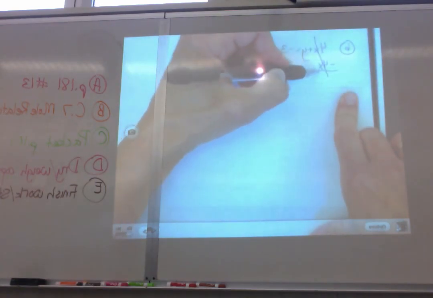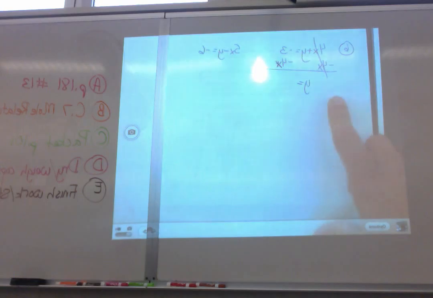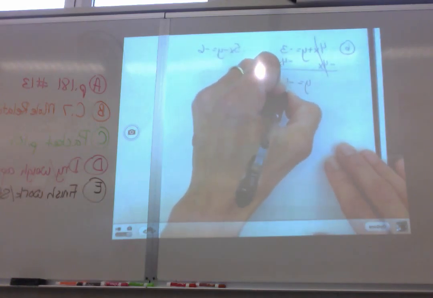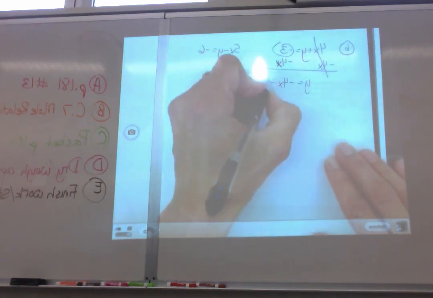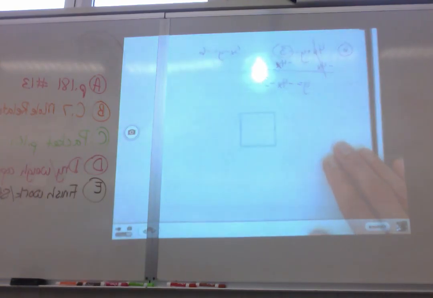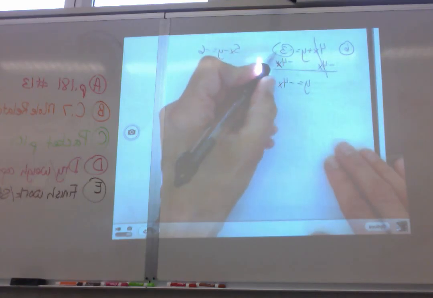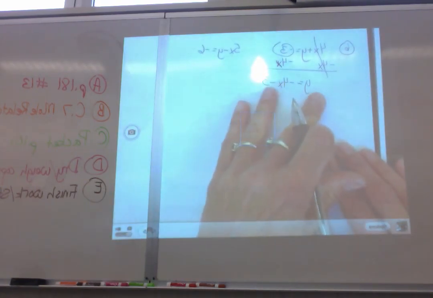Positive 4x minus 4x cancels, y is by itself. On this side, we usually write the x term first, that's the minus 4x. And then I got to move this number over a little bit to make room. That's the usual format. These two cannot actually add because this one has an x and that one doesn't. So we'll leave that one rest a minute.